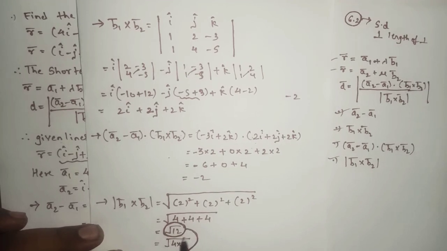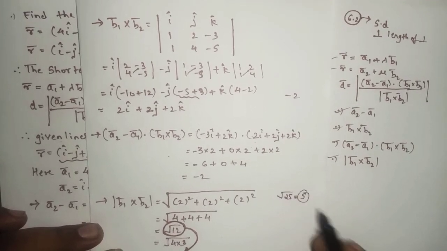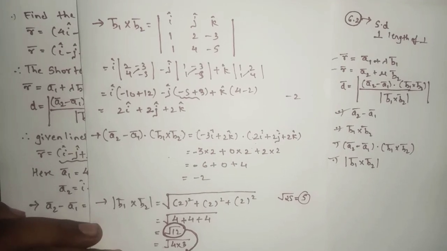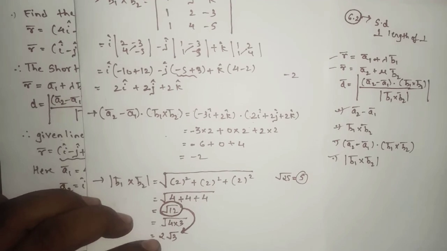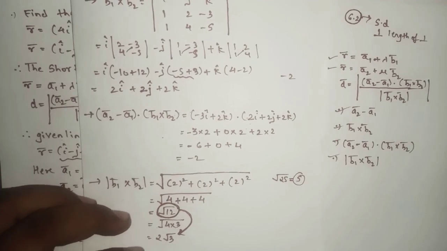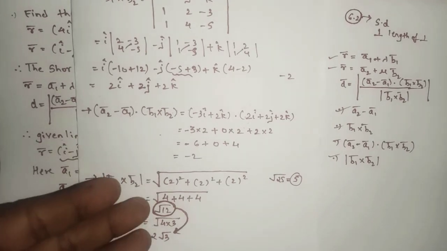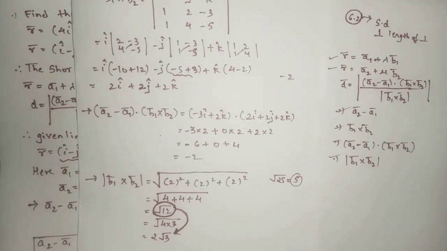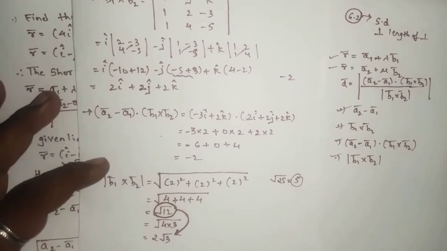If it were root 25, we would get the answer directly, 5, as it is a perfect square. This is an imperfect square, so if you get a pure surd, you have to convert it into a mixed surd. So right here root 12 is 2 root 3.